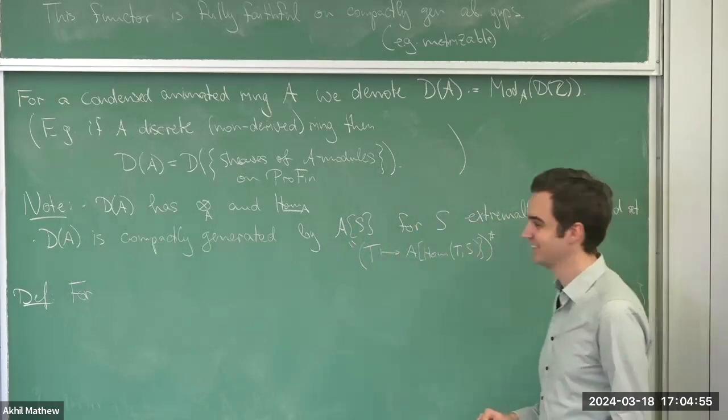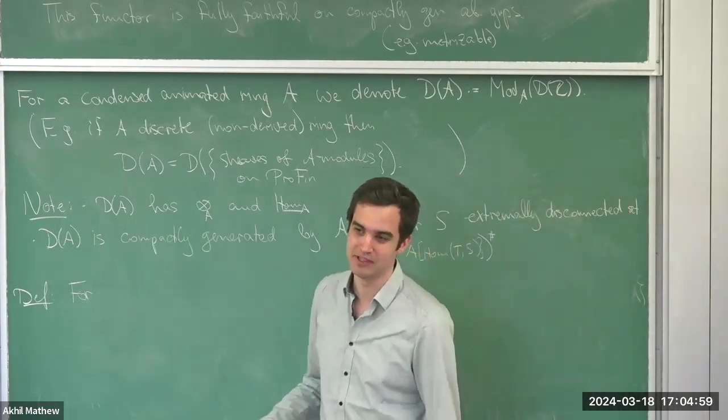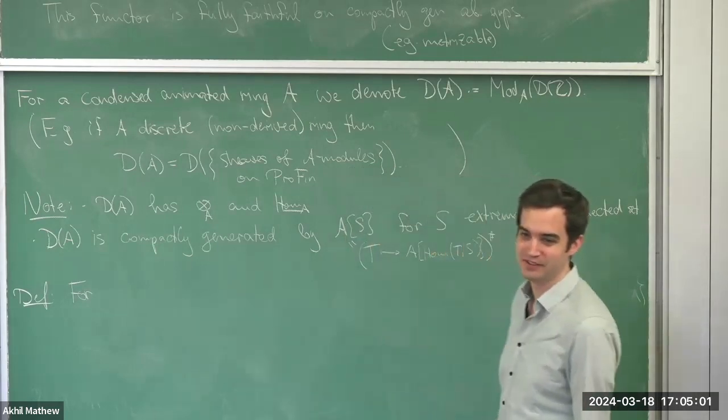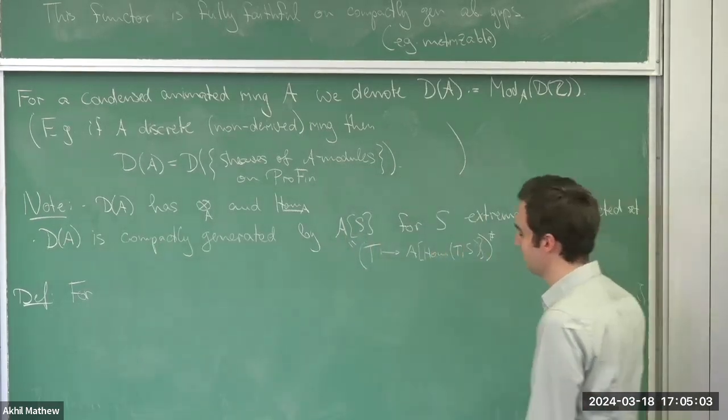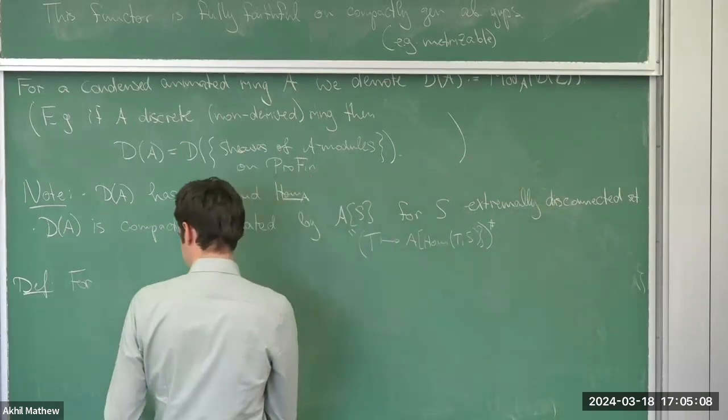Well, I have to introduce the solid version, and then I'll give an example and try to explain why it solves all your problems. Okay, maybe there's one more definition I can give to get this complete version.